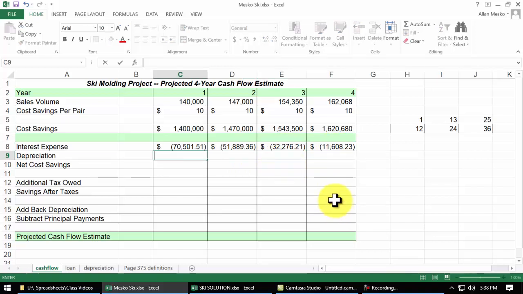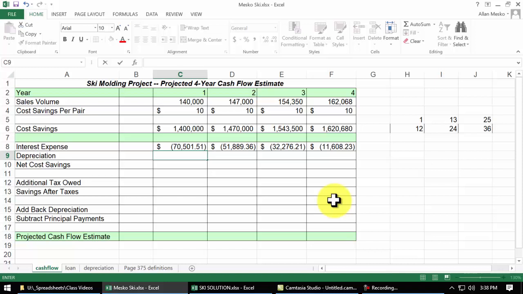Number 8 says calculate the depreciation for this equipment using the straight line depreciation method. The equipment is assumed to have an 8-year life with a salvage value of $50,000 at the end of that period. For cost, use the cost of the machine plus installation. Set up a separate worksheet named depreciation to store these values.